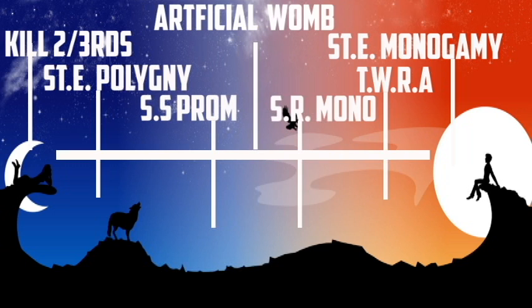Then when we're moving over to the right, we have socially regulated monogamy. Now, since the artificial womb does not exist yet, or is not publicly available, or may never be publicly available, socially regulated monogamy through scientific data seems to be the most beneficial setup for male-female relationships when it comes to looking at society as a whole and for the upbringing of children.